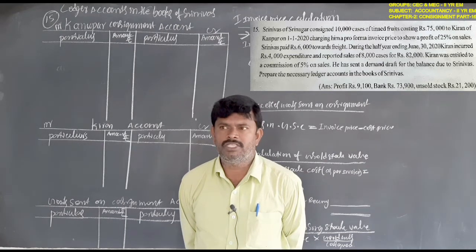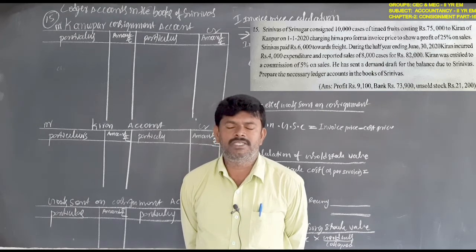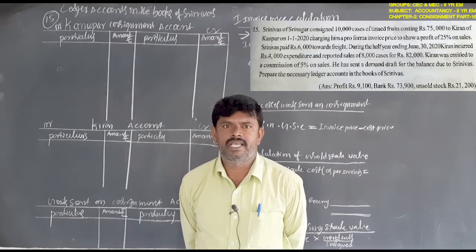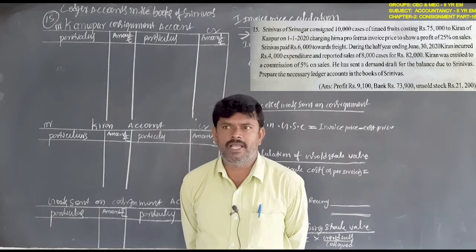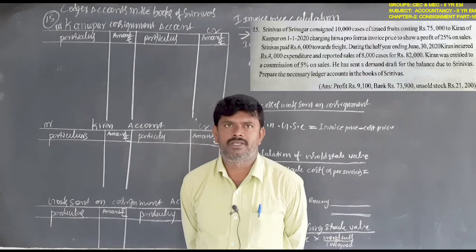So you don't know the sales price. Sales price is equal to 100. But the cost price is equal to 75%. Why? Because sales is equal to cost plus profit. The profit is given as 25%, and sales minus profit gives the cost.